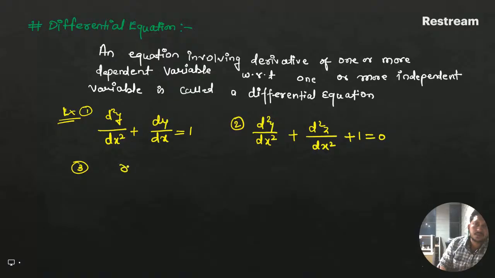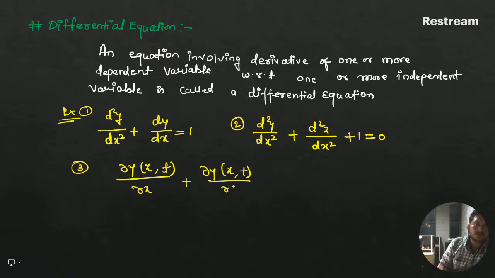The third is del y(x,t) upon del x plus del y(x,t) upon del t, which is equal to 1. Now my question is, can you find the order and degree of these differential equations? Maybe we will find it in another topic.